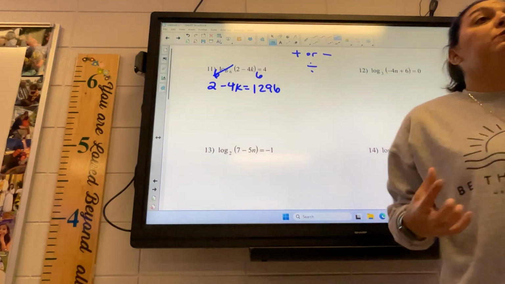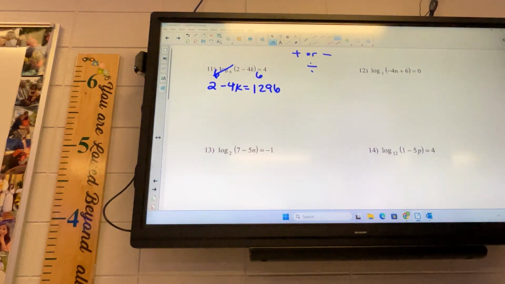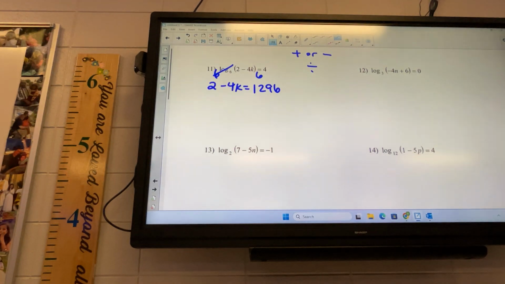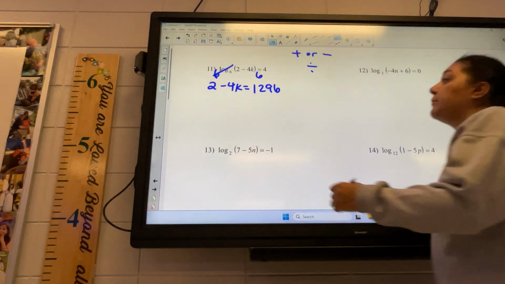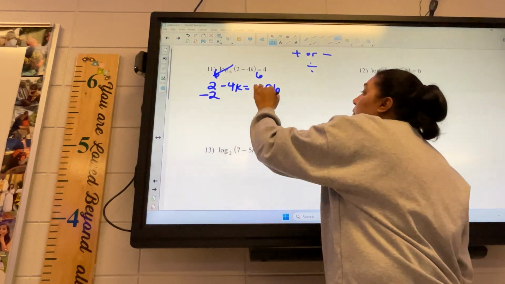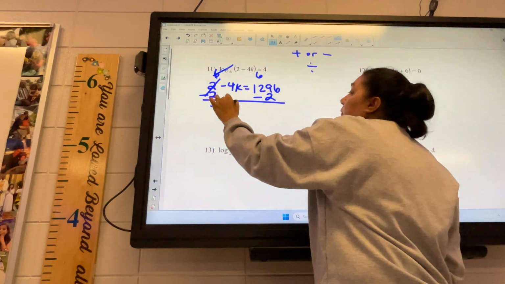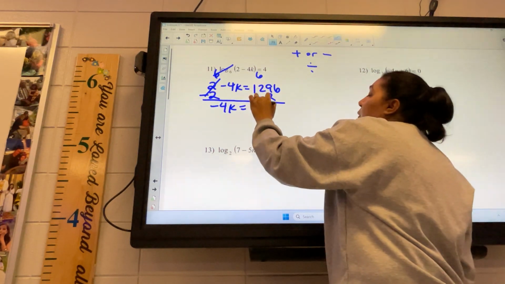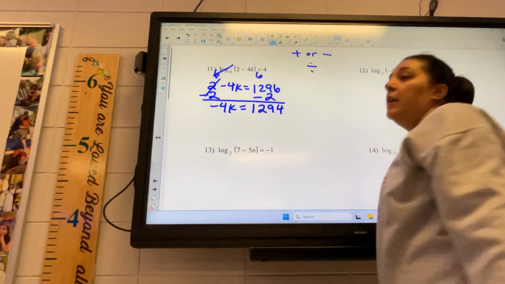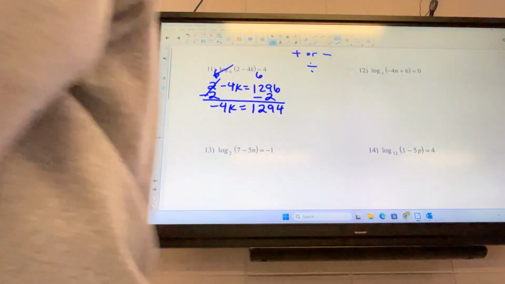Okay, and so now here's what I'm saying. You have two steps. The first, we're either going to add or subtract. We're going to subtract 2. 1294. And then what? Divide by negative 4.